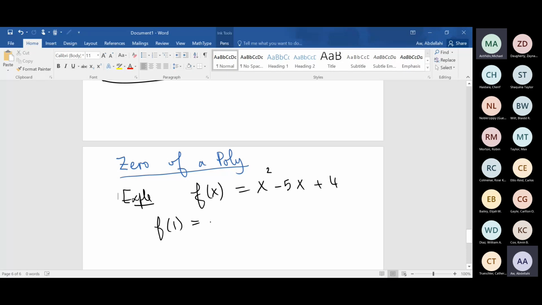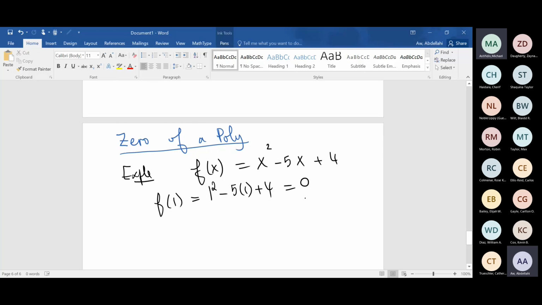F of 1 is 1 squared minus 5 times 1 plus 4, that is 0. Because f of 1 is 0, we say that 1 is a 0 of f. You see how the name is very well chosen? Simple as that. 1 is a 0 of f.